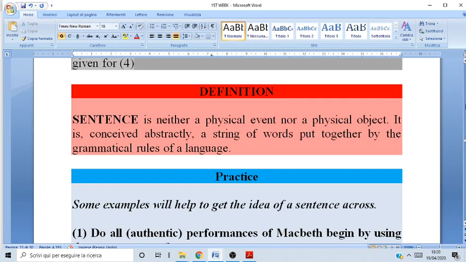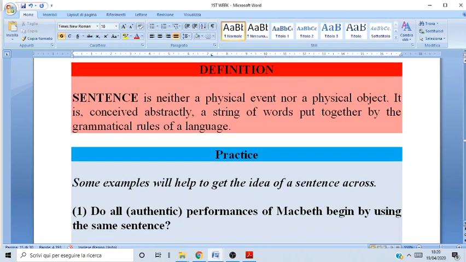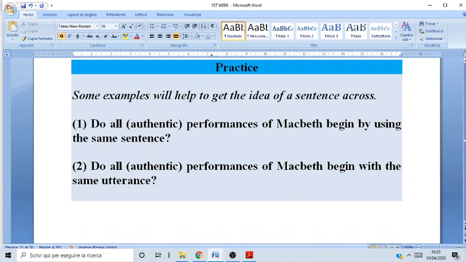Let's see. Maybe some of these examples can give you a better idea of what sentence means. Do all authentic performances of Macbeth begin by using the same sentence? And do all authentic performances of Macbeth begin with the same utterance?